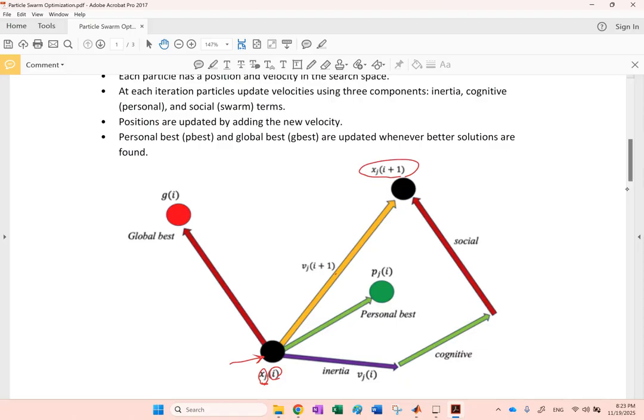Well, it is guided by its velocity component. If the velocity that it gets is v(i+1), I can say that because I know the velocity and I know my initial position, I can find what my final position is.